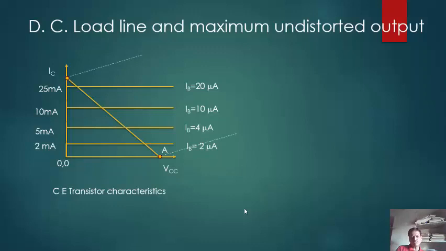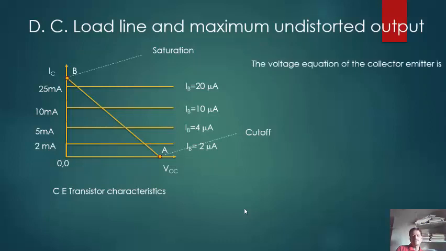That point A is known as the cutoff point and point B is known as the saturation point. So these are the 2 points on the characteristics of the transistor.